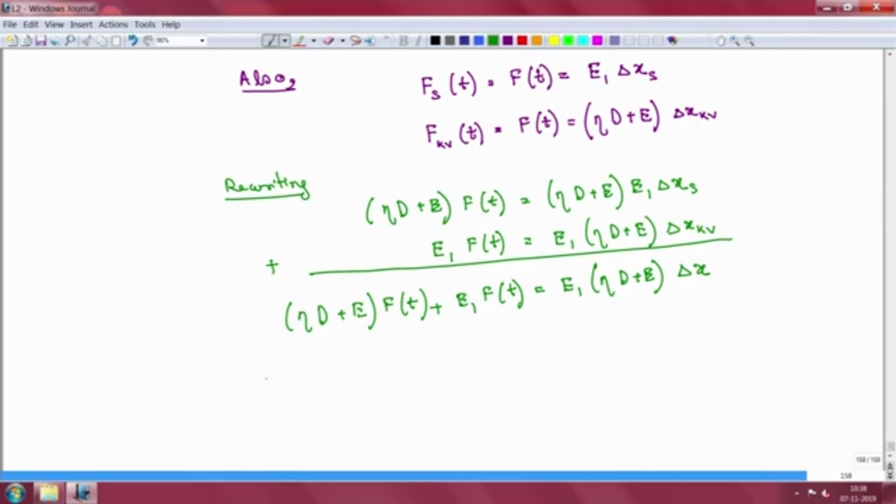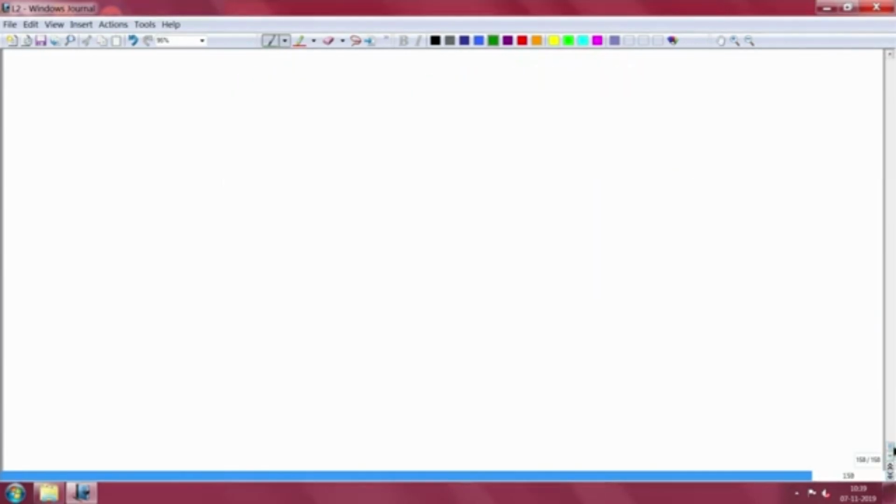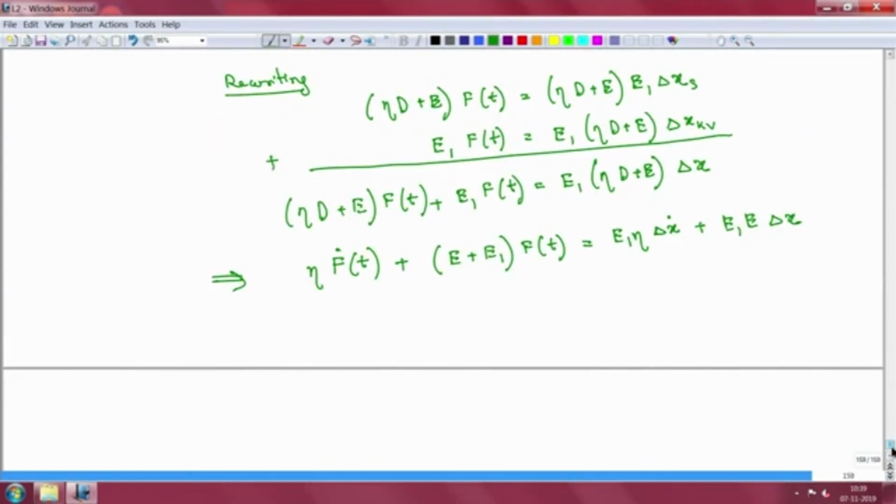So, if I were to use this operator, then this is the same as writing eta times F dot t plus E plus E1 of F_t, that is equal to E1 eta delta x dot plus E1 E delta x. So now this is the relationship between the force and the displacement.